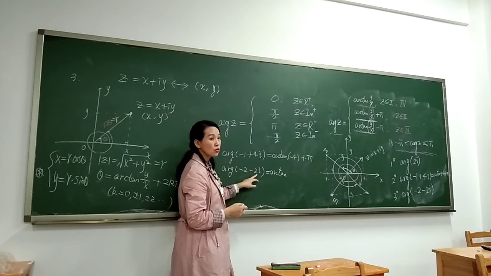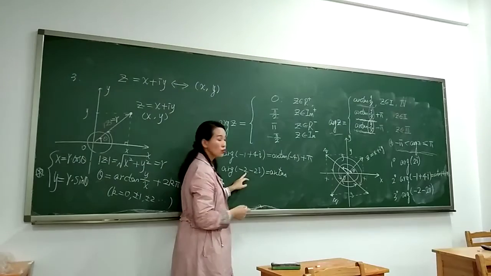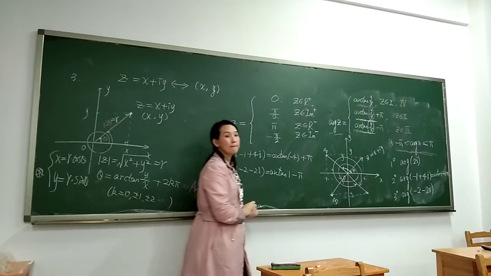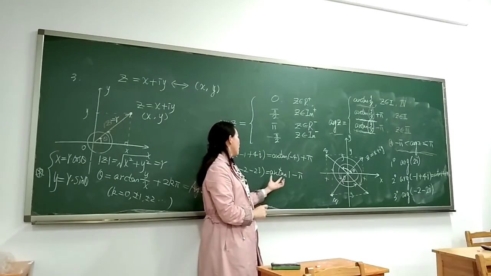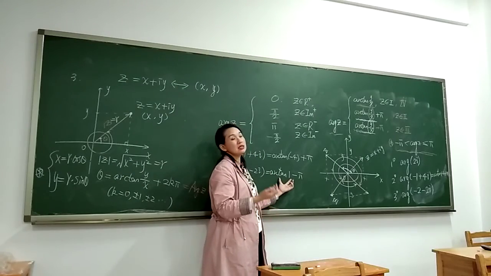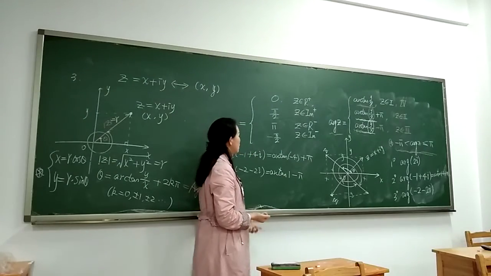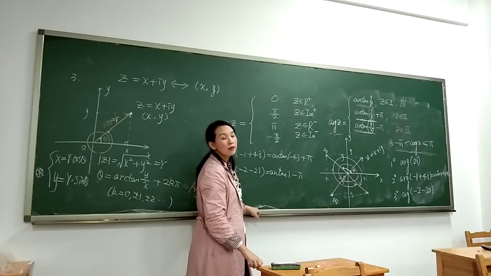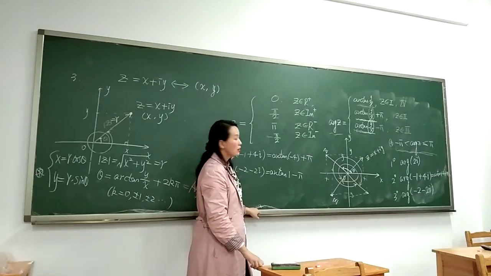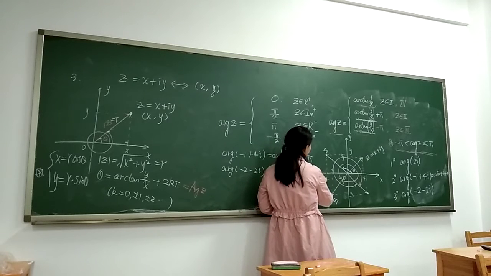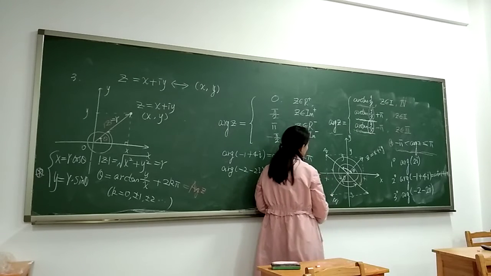Y is minus 2, x is minus 2. So 1, minus pi. Then it will be equal to arc tangent 1 minus pi. This is a symmetrical angle. You can compute this is 45 degrees, pi over 4. So the last answer is minus 3 pi over 4.